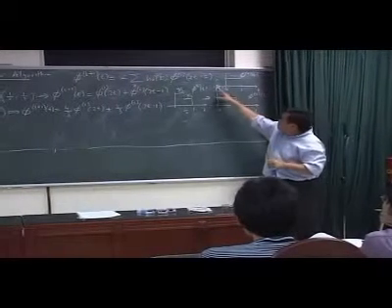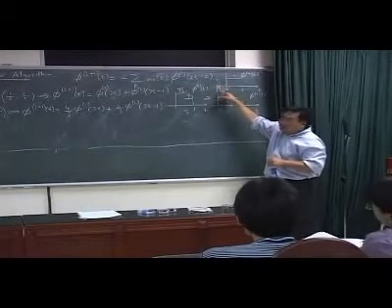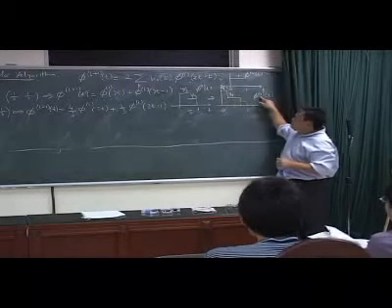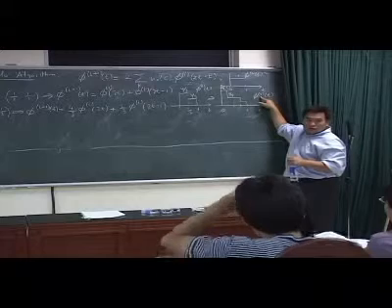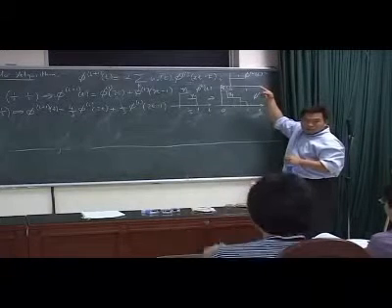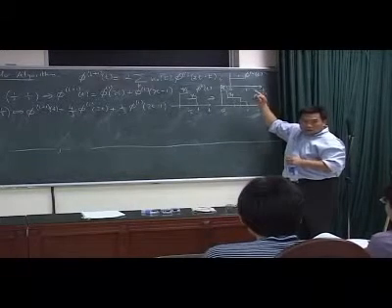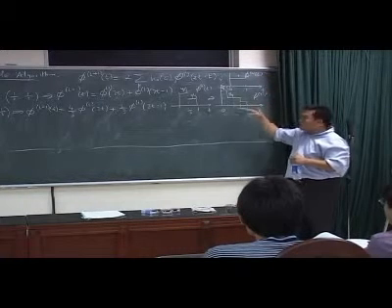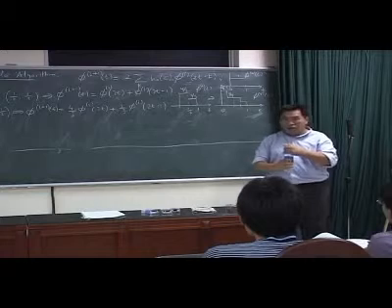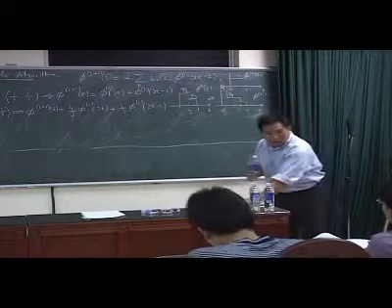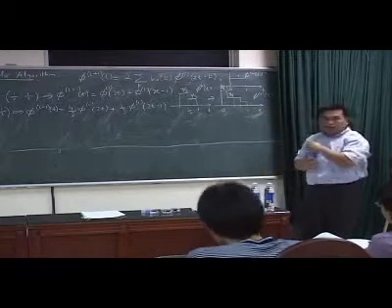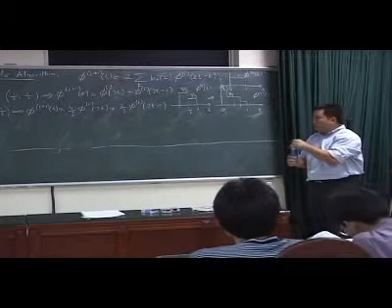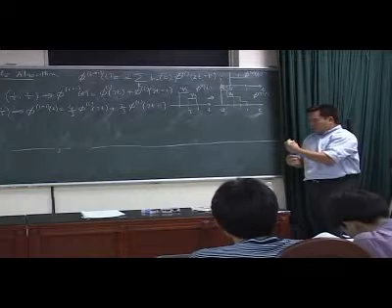Because if this is 4/3 squared, what is this value? 4/3 cubed, right? 4/3 is bigger than 1. So it goes to infinity. So this is the case where there's no bounded solution, right? Okay, you have infinity. So this is the case where there's no solution.